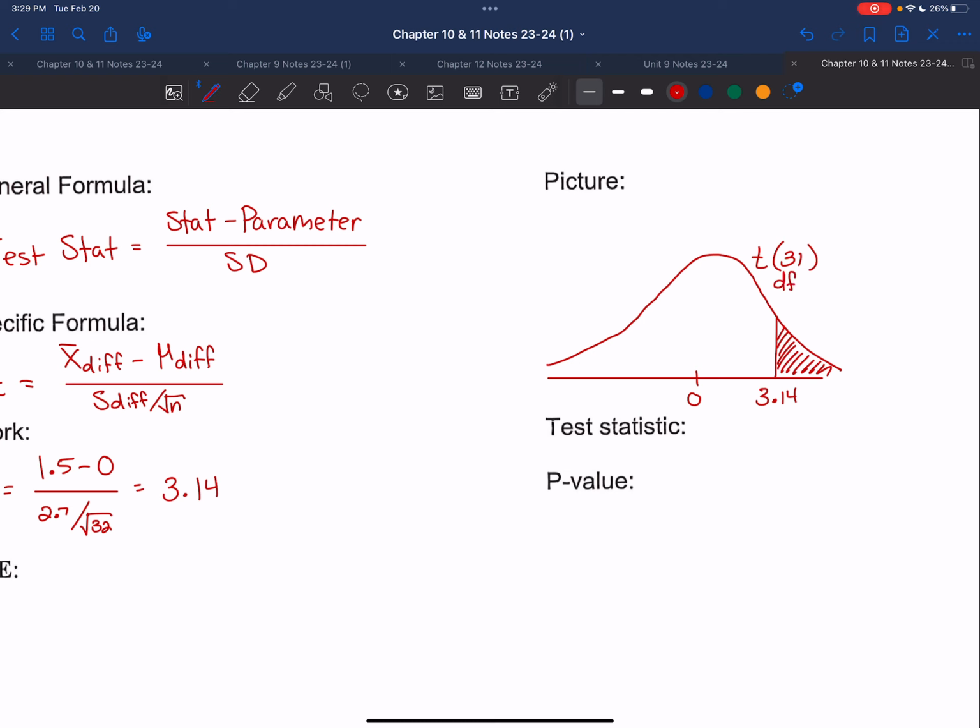Remember, test statistic t equals 3.14. So if I do my p-value, tcdf of 3.14 up to positive 9999, degrees of freedom of 31. So this is my lower, my upper, and my df. I'm going to get a p-value of 0.001.